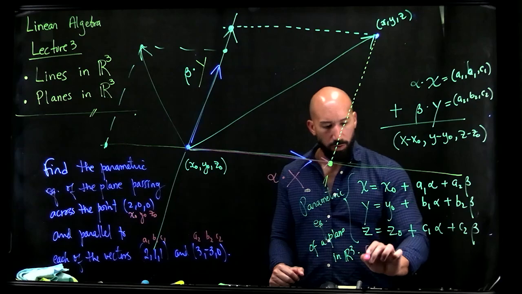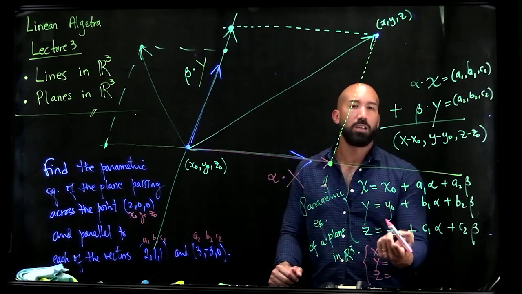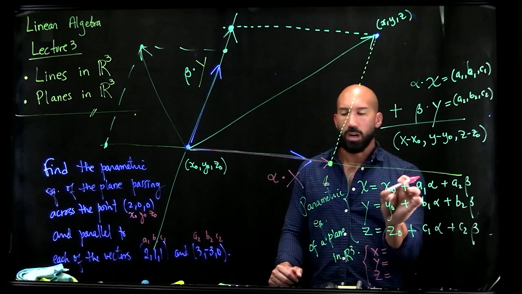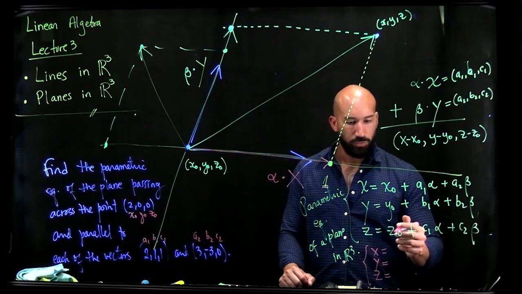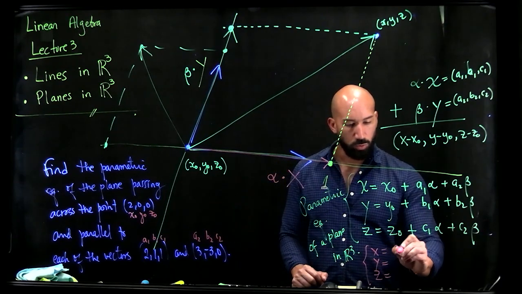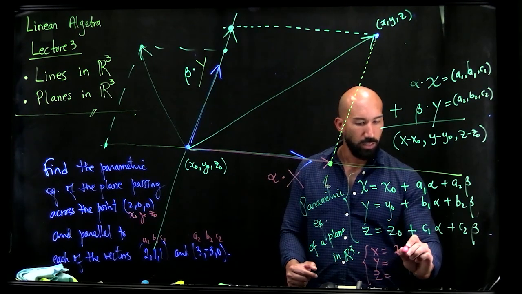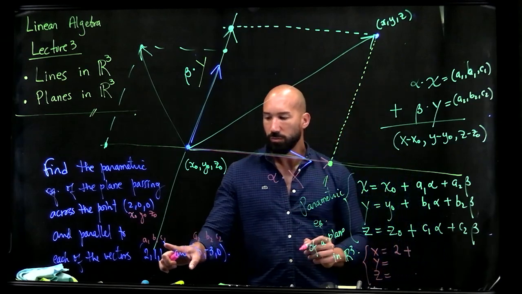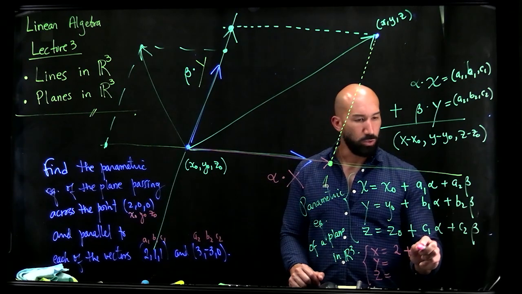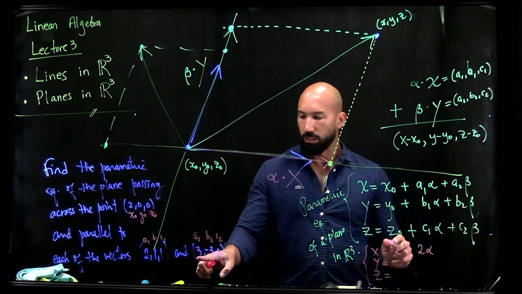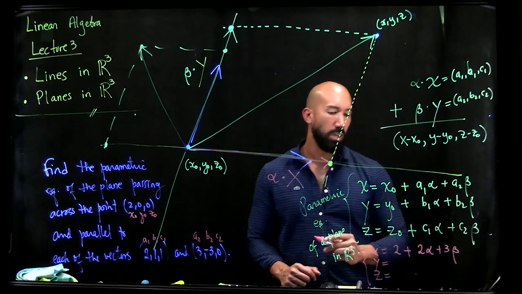I go here to my generic equation and I plug every specific value into the corresponding symbol. So what is x0? 2, y0 is 0, z0 is also 0, so I won't write that. Plus, what is a1? a1 is gonna be 2, so 2 times alpha, and a2 is gonna be 3, so plus 3 times beta.